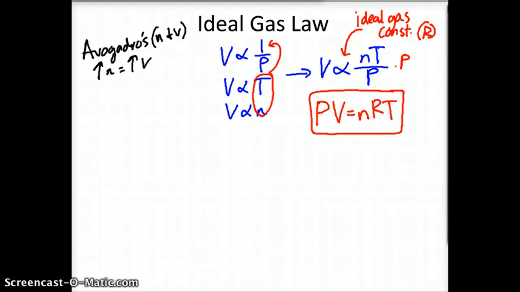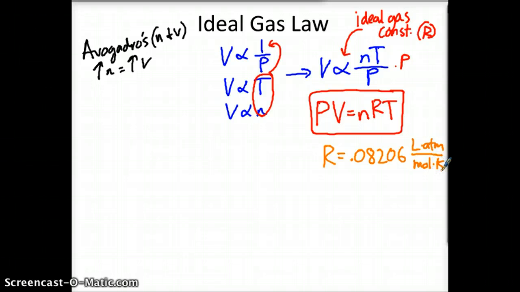What is the value of R? R, this constant, is equal to 0.08206. Units are super important because the value of R will change depending on the units. In this case, for this value, the units are liter atmospheres per mole times Kelvin.